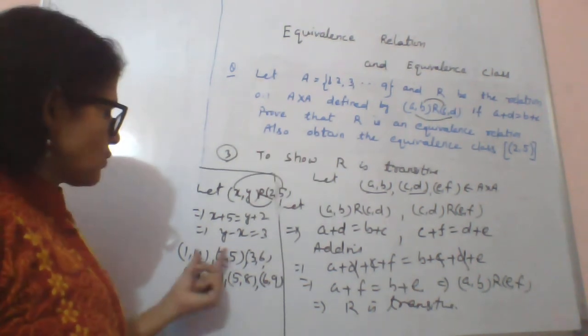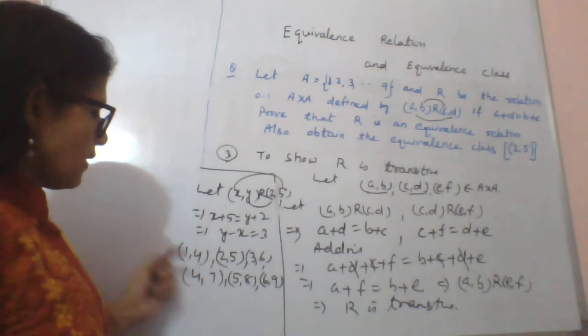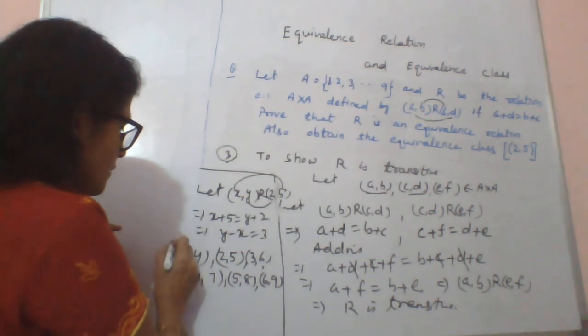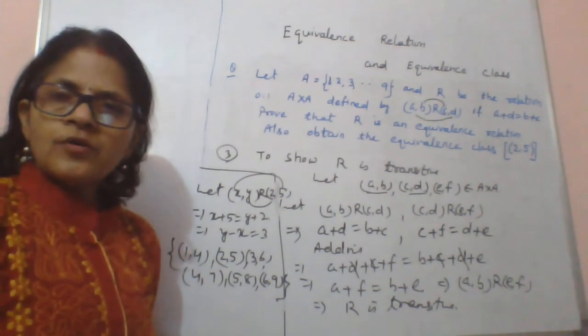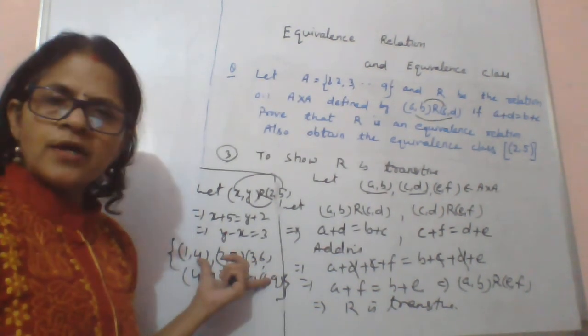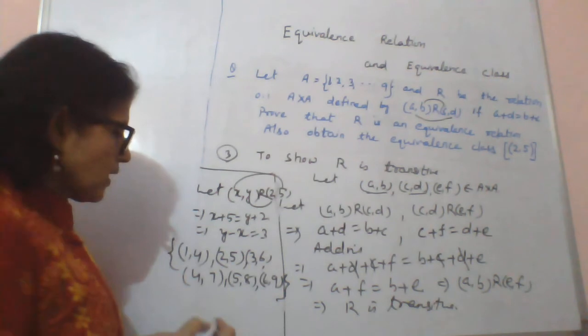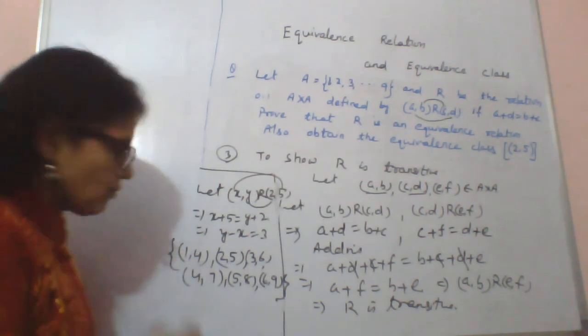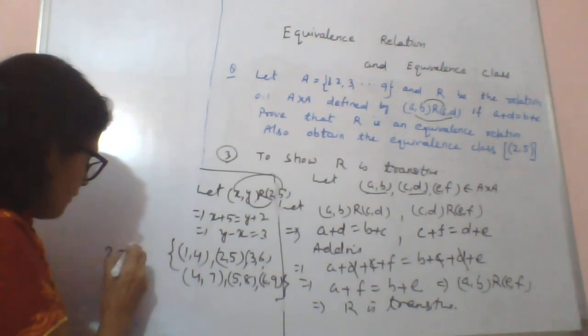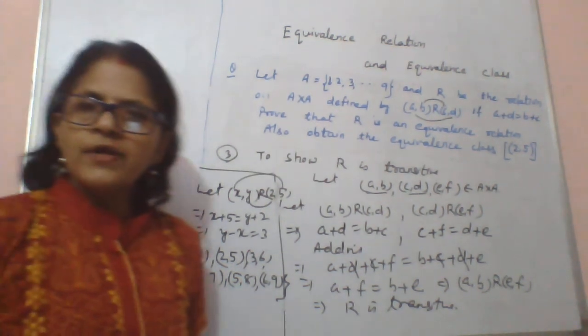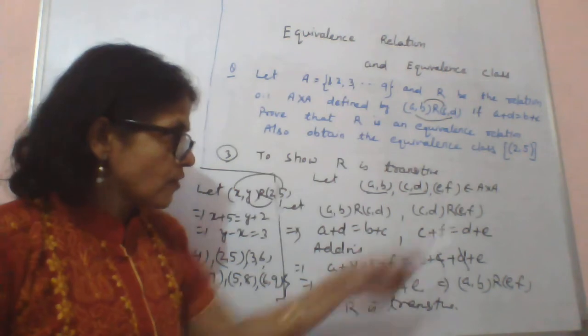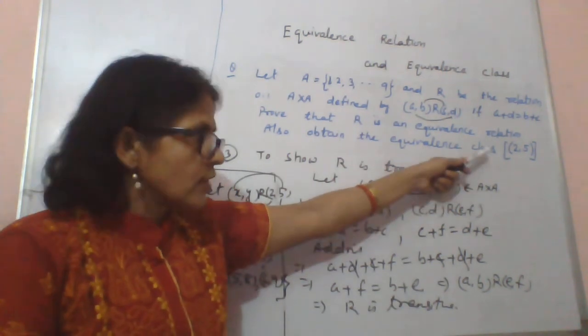And if you just check it with (2, 5), any ordered pair you can take. So these are the elements. You can say these are the ordered pairs which are related to (2, 5). So we can say this is the equivalence class of (2, 5).